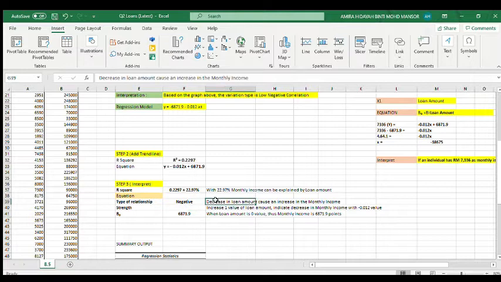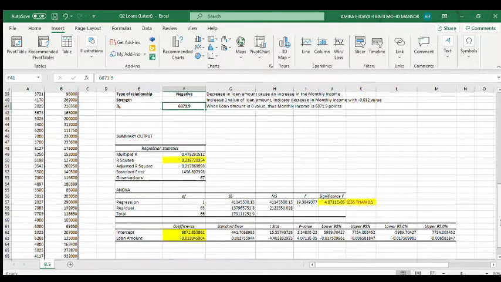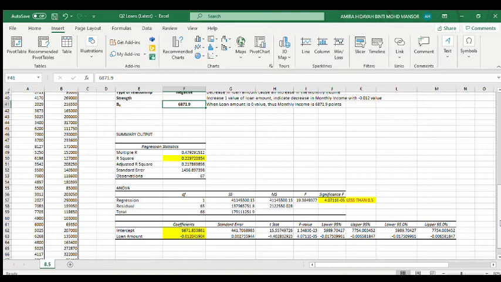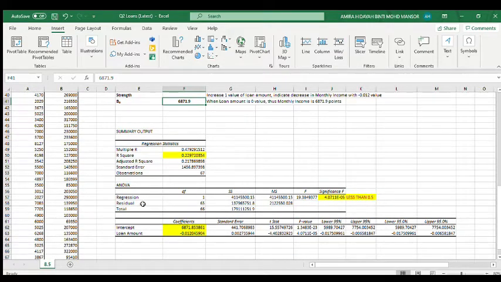So at this point an increase in loan amount causes a decrease in monthly income. An increase of one value of loan amount indicates a decrease in monthly income of negative 0.012. When loan amount is zero, the monthly income is 6,871.9. So we put here the summary output and we do the ANOVA.